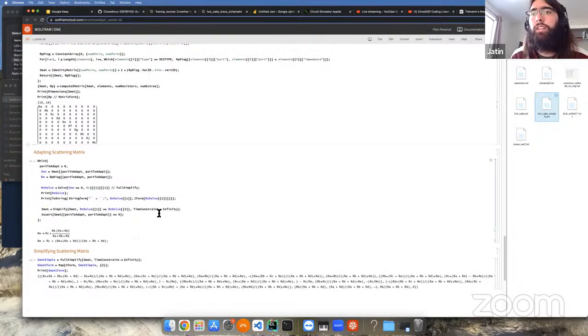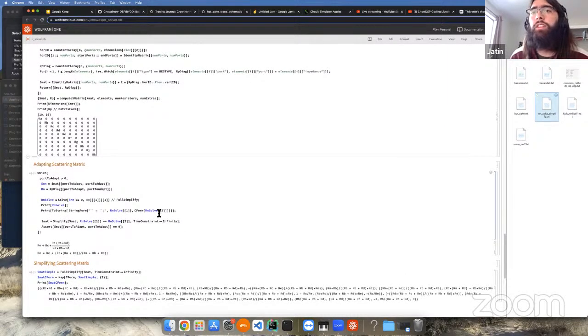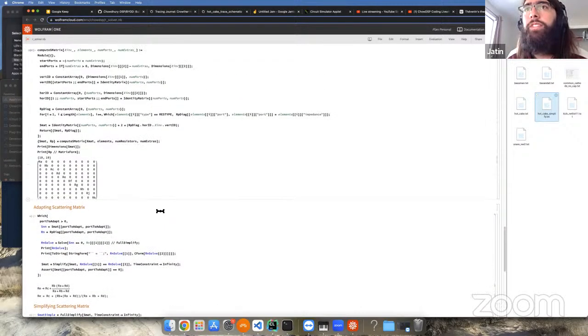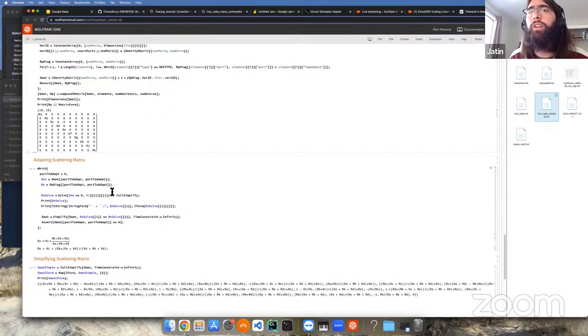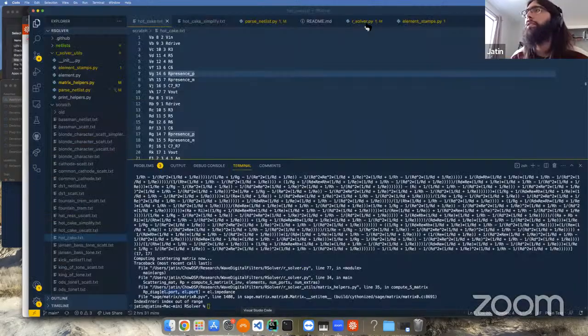And then let's see, what do we actually need this for? I wonder if we only need this when we're trying to simplify, or sorry, when we're trying to do our adaptation. That might be the case. Let me double check against the Python version.